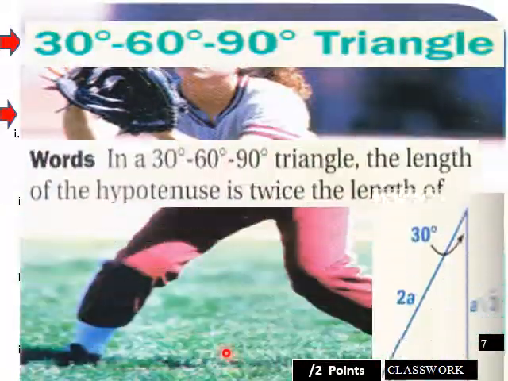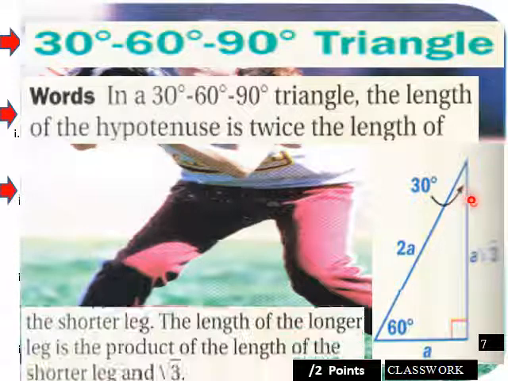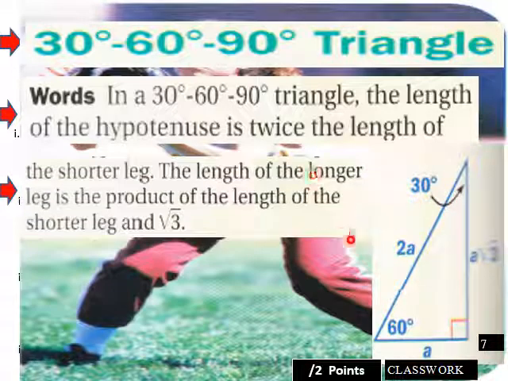Okay, so using a problem now in the 30, 60, 90. We won't get there yet, but here's another concept slide. And this is classwork page 7, students. In a 30, 60, 90, the length of the hypotenuse is twice the length of the shorter leg. So 2a equals our hypotenuse. So our short leg here is really important.